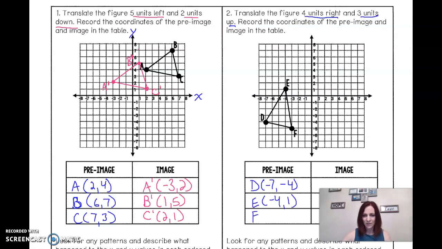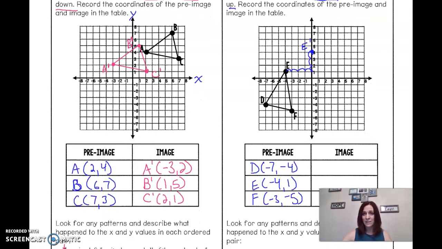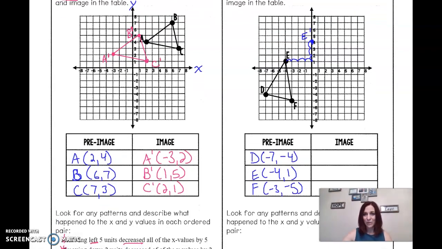And F, the values are at -3, -5. So if I'm moving this one 4 units to the right, 1, 2, 3, 4, and 3 units up, 1, 2, 3. Ooh, and I should have started with D. I'm sorry. That's okay. It really doesn't matter. E prime is going to be at the point 0, 4.